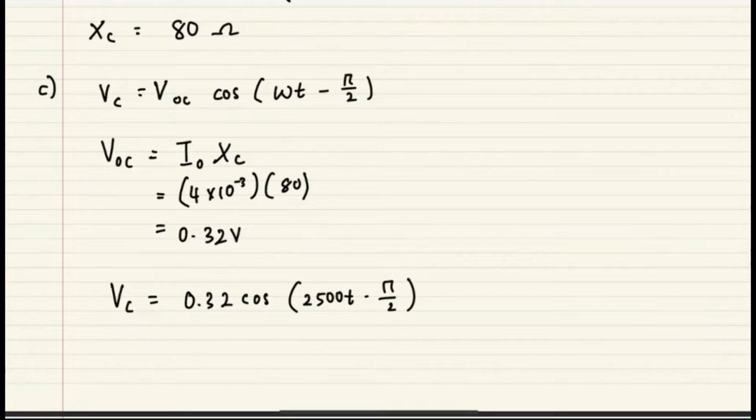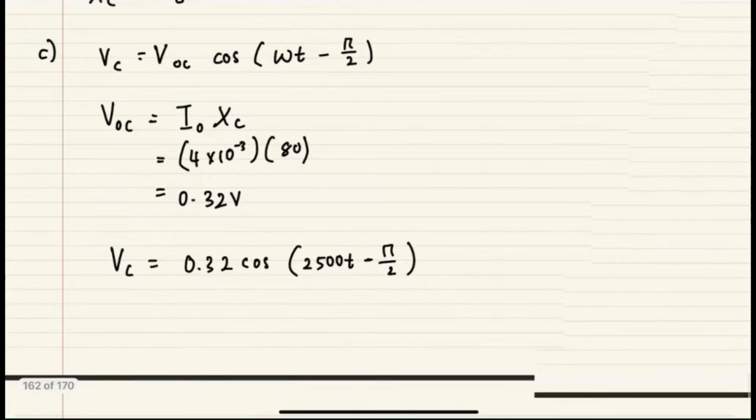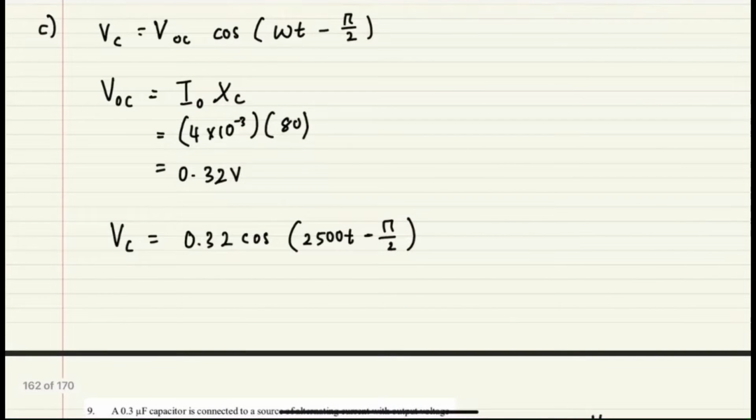Alternatively, you can redraw and determine the trigonometric function, and then you should get sine, if you write it again. Don't forget to write down the unit, where VC is in volts and time in second.